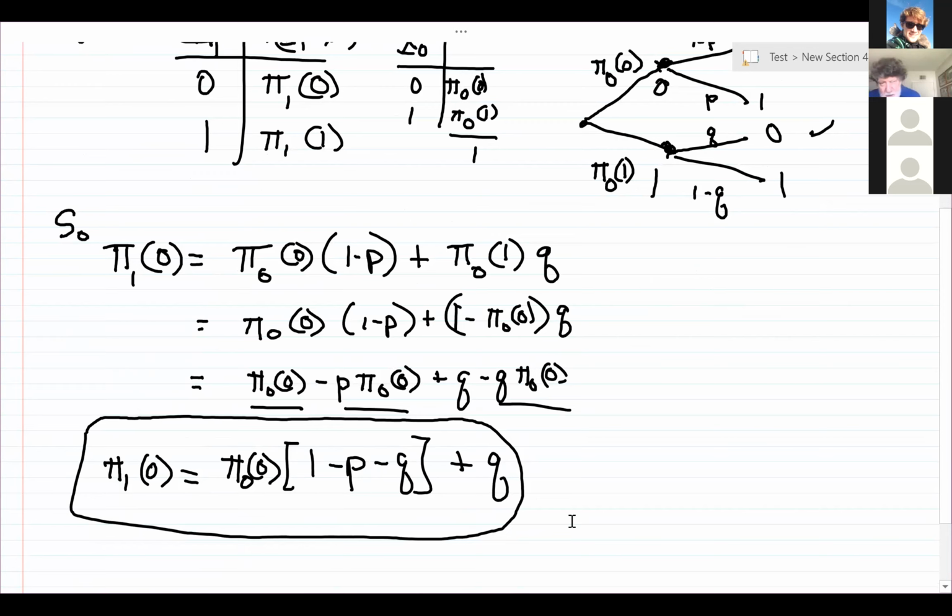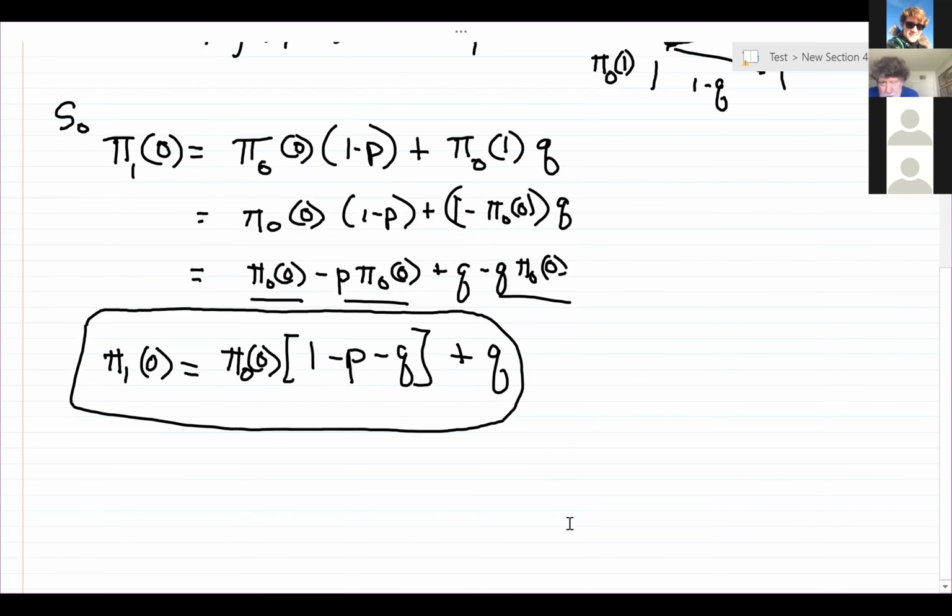And then to find pi 1,1, all you would have to do is take 1 minus this stuff. Okay, and you can leave it like that if you like, because everything is in terms of what you know.